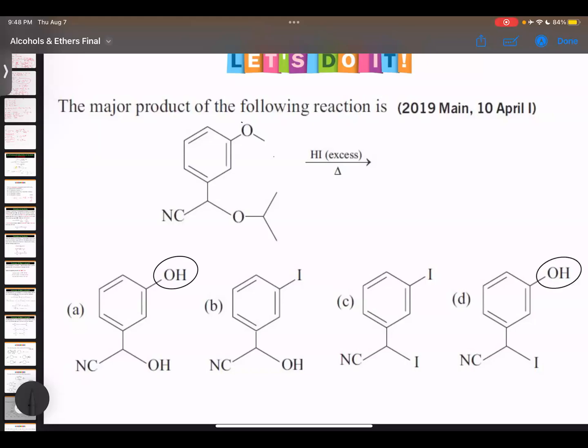This O will not get separated from the benzene because it is in resonance. If it is in resonance, it has a partial double bond character. And if it has a partial double bond character, it is difficult for us to break it and separate it. So we are going to keep this O, and what will happen to the CH3 group?